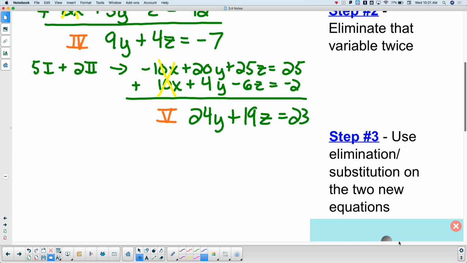Now, do we want to eliminate y's or z's? Doesn't really matter. Y. Okay. So let's pick y to eliminate here in step number 3. Now, we can multiply the top equation by 24 and the bottom equation by -9.